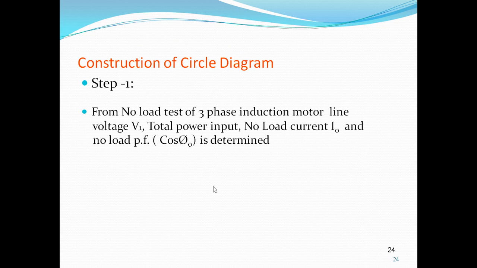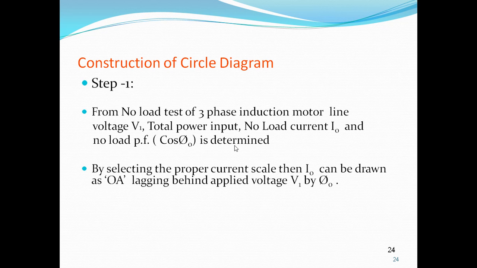Step 1. How can we draw? From no load test on the three-phase induction motor, line voltage V1, total power input, no load current I naught, and power factor phi naught are determined. This is step 1.